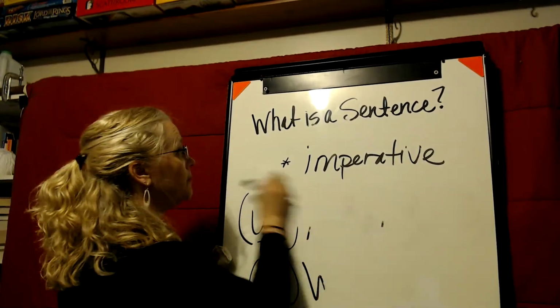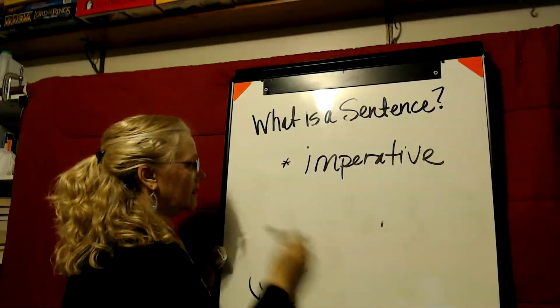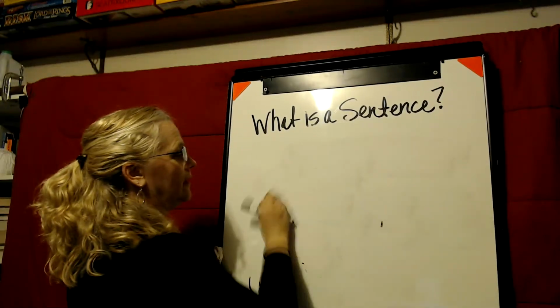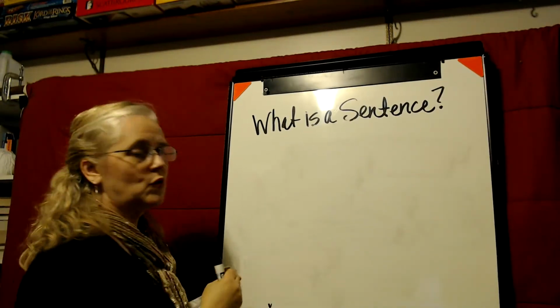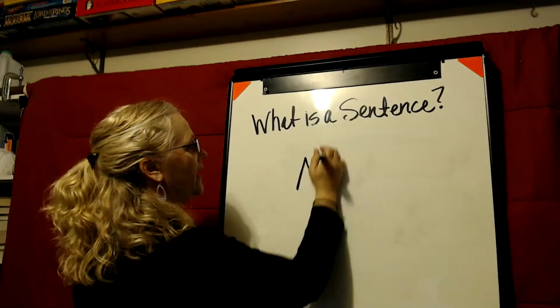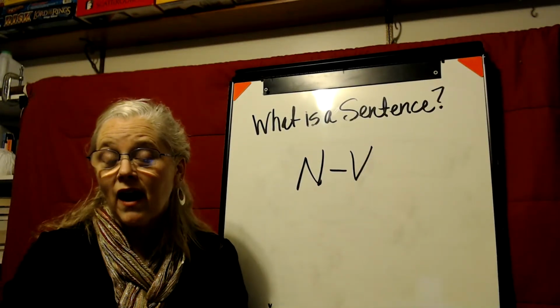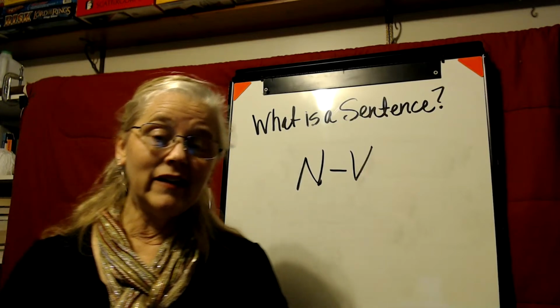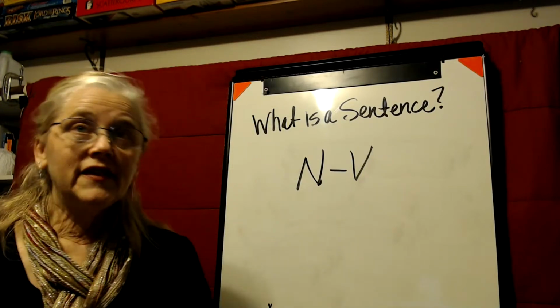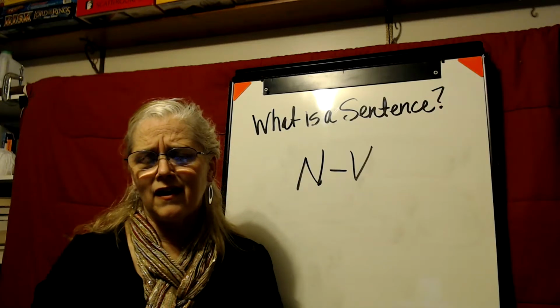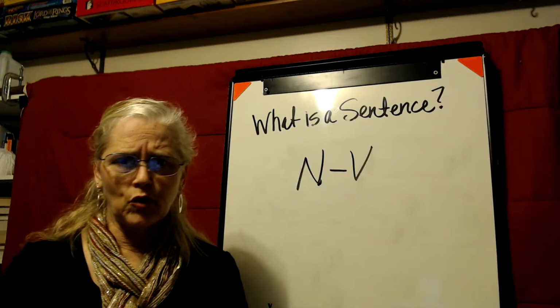So the most basic sentence pattern is what we would call a noun-verb sentence. So the bunny hopped, Jack ran, I ate, the children sang, the sun shined, the thunderstorm stormed.